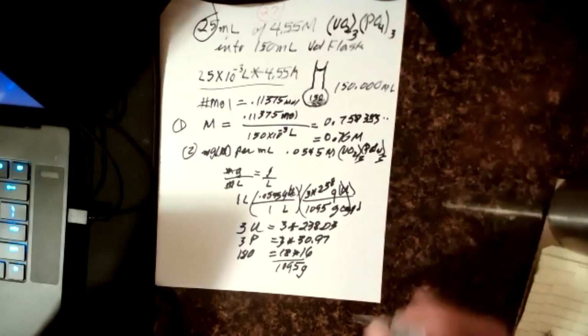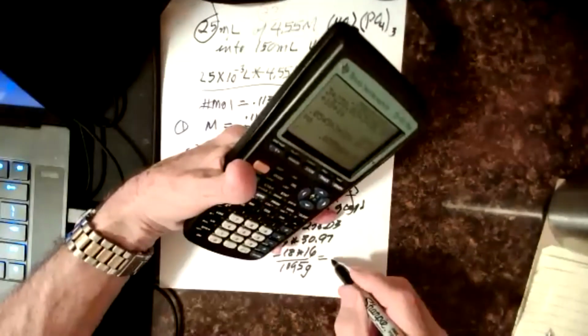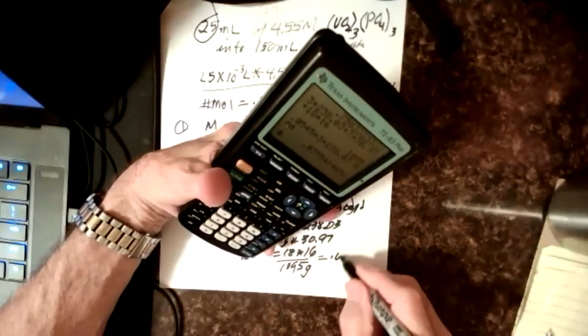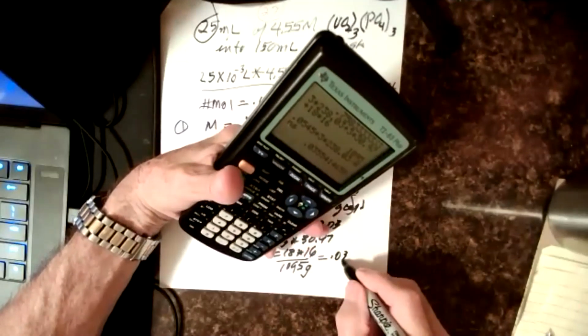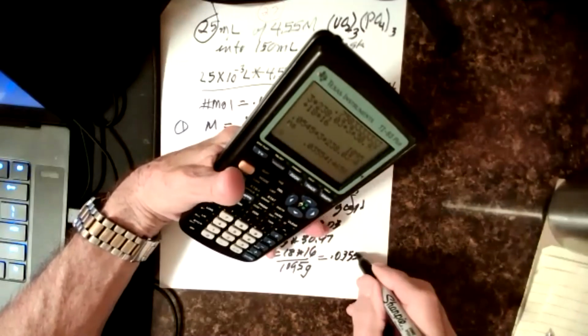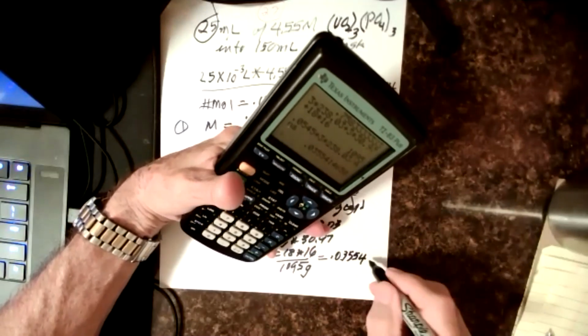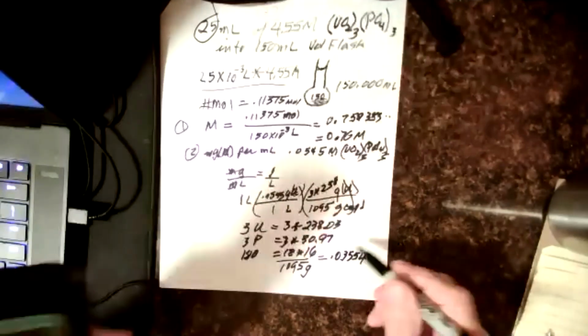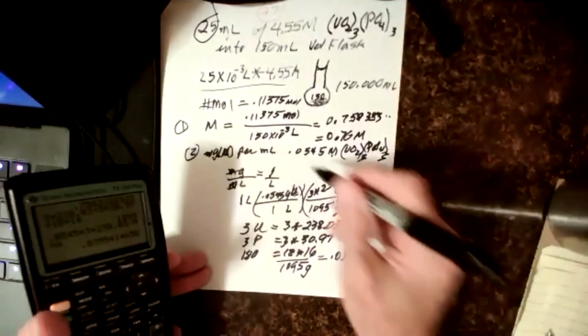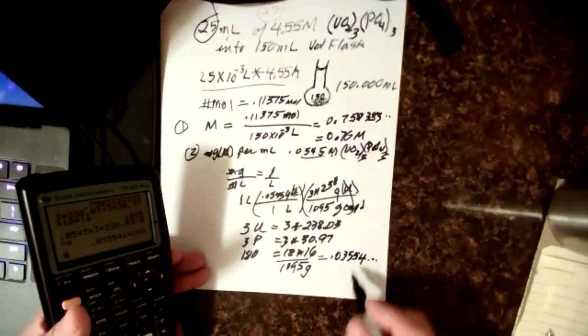Okay, so what I'm coming out with is 0.0355254 and a whole bunch of other digits. And I guess this one I do have 3 significant figures I can use.